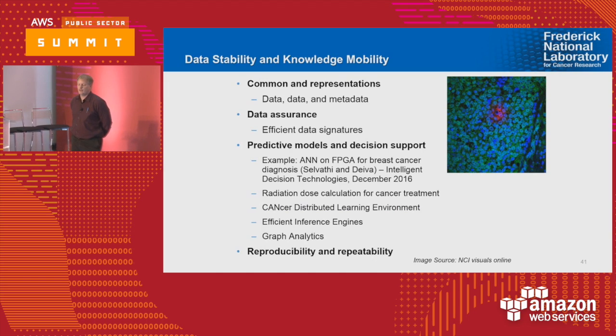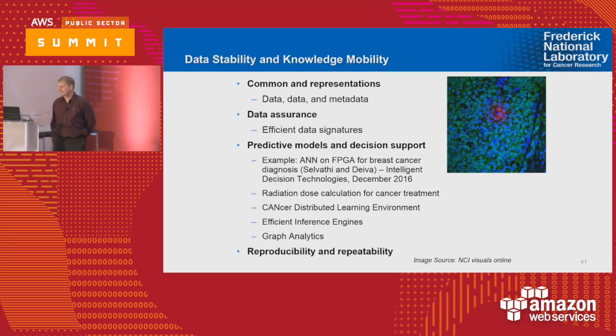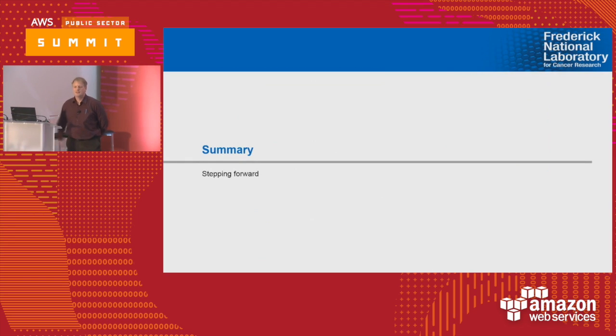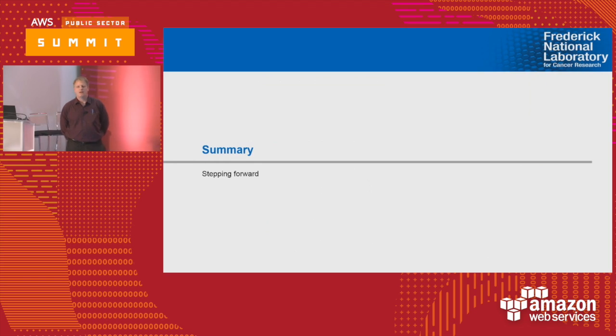So FPGAs are very valuable in that context. GPUs are effective in training, but we have to put all this together. Ultimately, getting back down to what you see in the lower part is reproducibility and repeatability, because nothing accelerates faster than learning from others and not recreating the mistakes, not redoing the work.